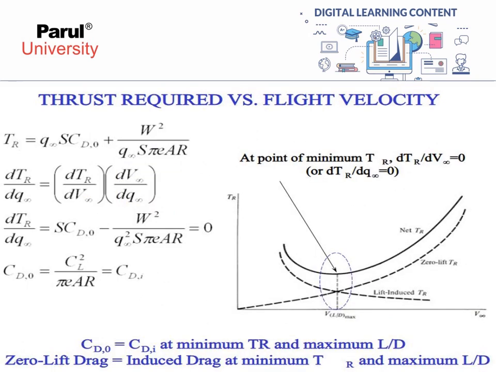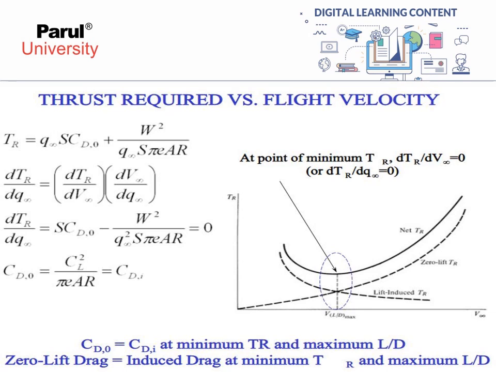Now the thrust required versus flight velocity. The thrust required is Q infinity S CD naught plus W squared divided by Q infinity S pi e AR. Then dTR by dQ infinity is equal to dTR by dV infinity times dV infinity by dQ.